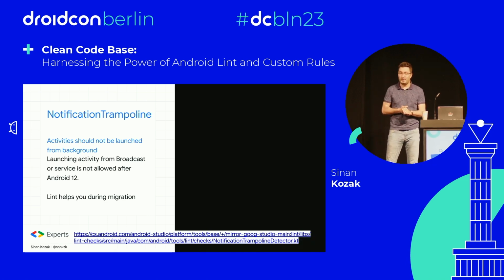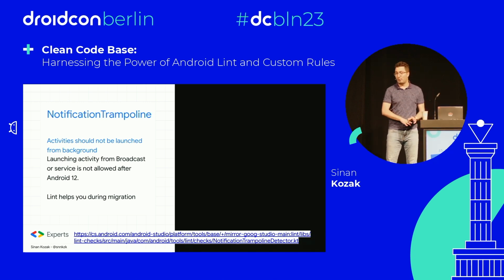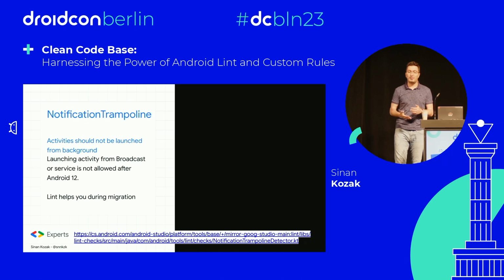The best practice before that was using a broadcast receiver for your notification and starting an activity from that broadcast listener. But starting from Android 12, the operating system starts deprioritizing it. So if you still use that, it will be slow on Android 12, and it will not work at all on Android 13. So this rule helped us not to get any notification issues.